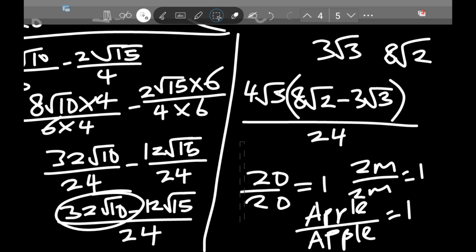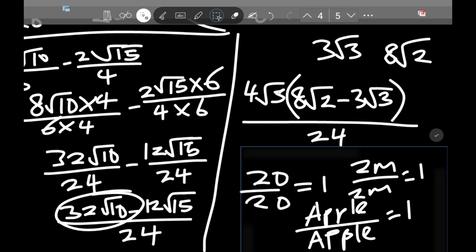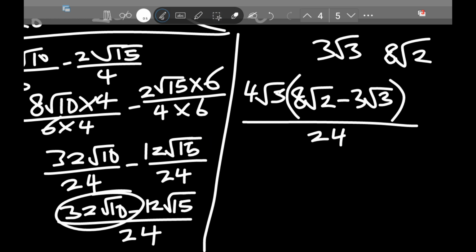So let me get rid of this stuff over here. Now 4 divided by 4 is 1. If you see 1, that one is not significant, so you don't really need to write it down. So simply write root 5 bracket 8 root 2 minus 3 root 3.